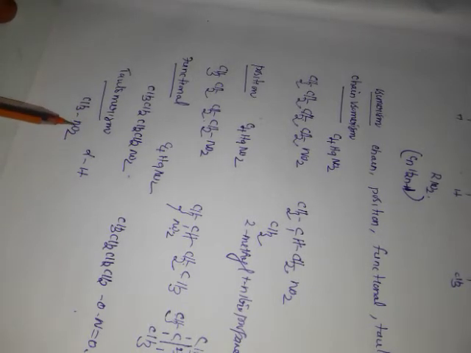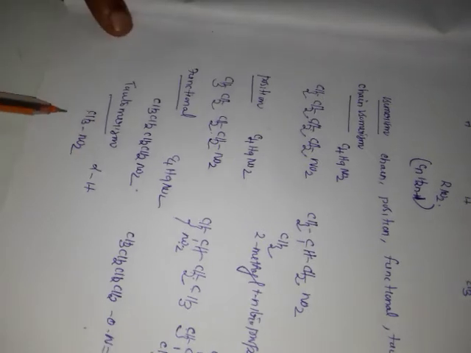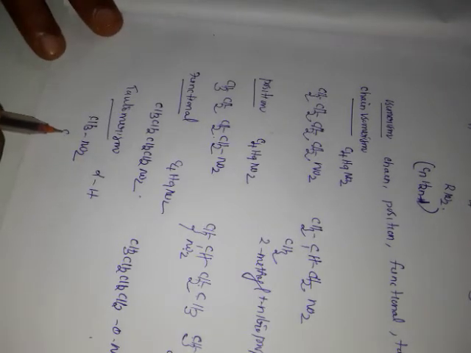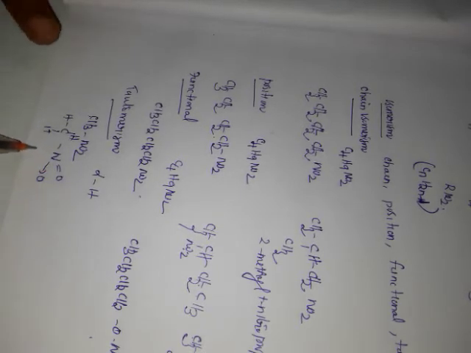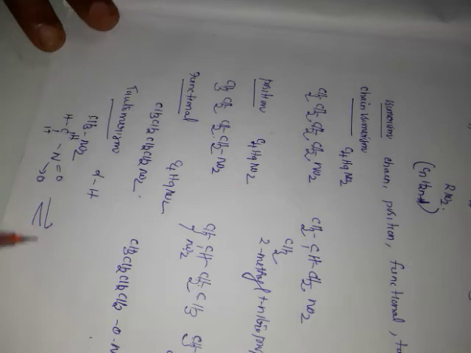This is the functional group. This is the alpha carbon next to the functional group. This is the alpha hydrogen. This can be written as CH3NO2, which is called nitromethane. It tautomerizes. This is the nitro form.